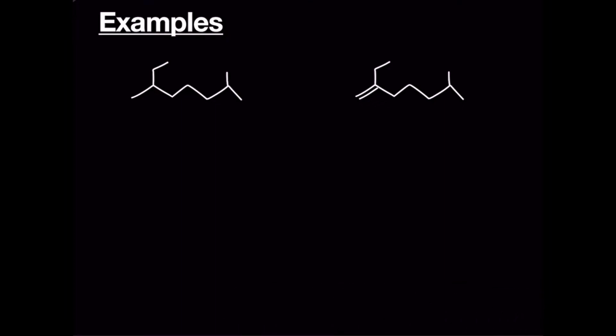If you take this as your long continuous carbon chain, then you will have two substituents, but in that case you are going to have only 7 carbon atoms in the parent chain. On the contrary, if you take this one as your long continuous carbon chain, in that case you are going to have 8 atoms. 1, 2, 3, 4, 5, 6, 7, 8.